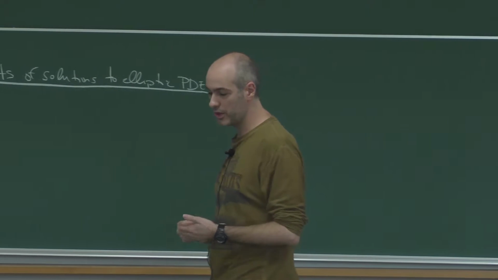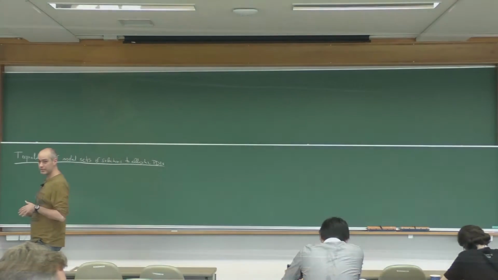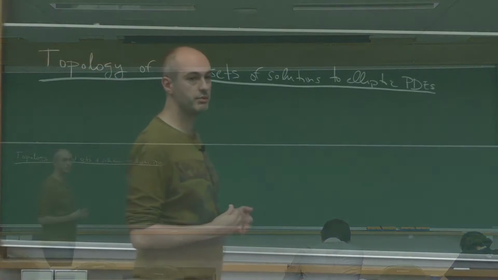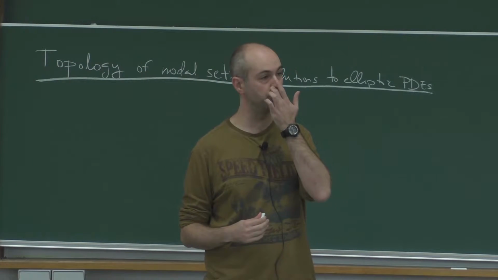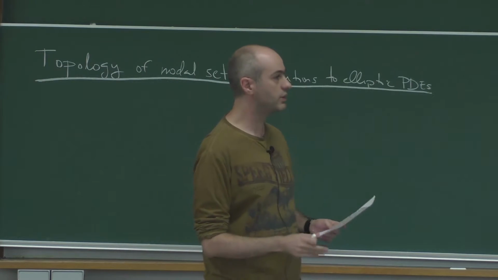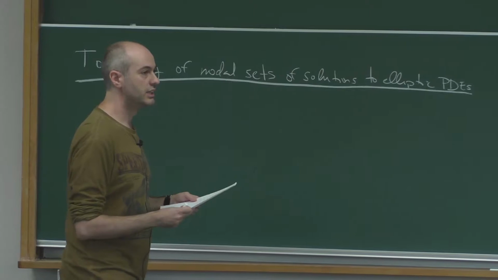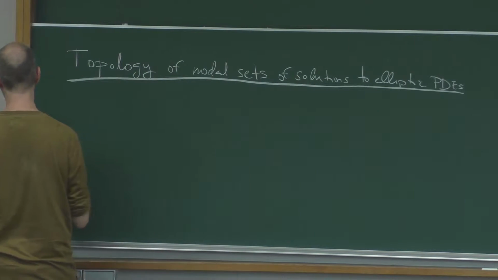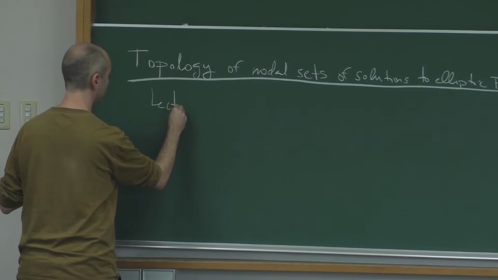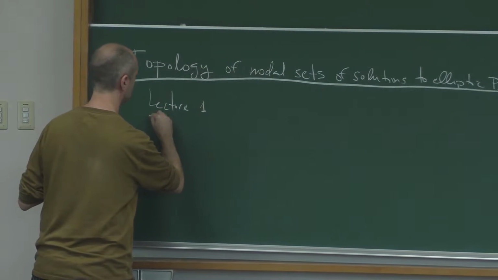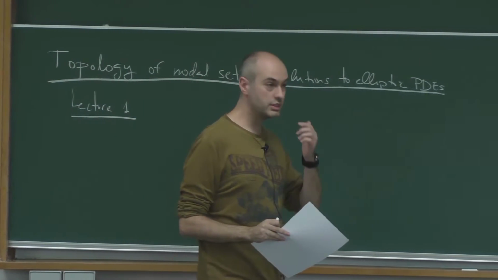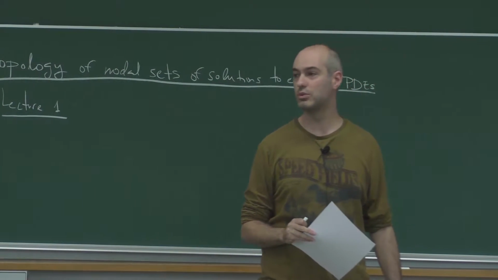So the course will consist of 6 lectures in 4 sessions. You have seen already the program. It's 4 sessions of 1 hour 30 minutes. So in principle, what I would like to tell you is the following outline. The first lecture will be just a general introduction to the problem.